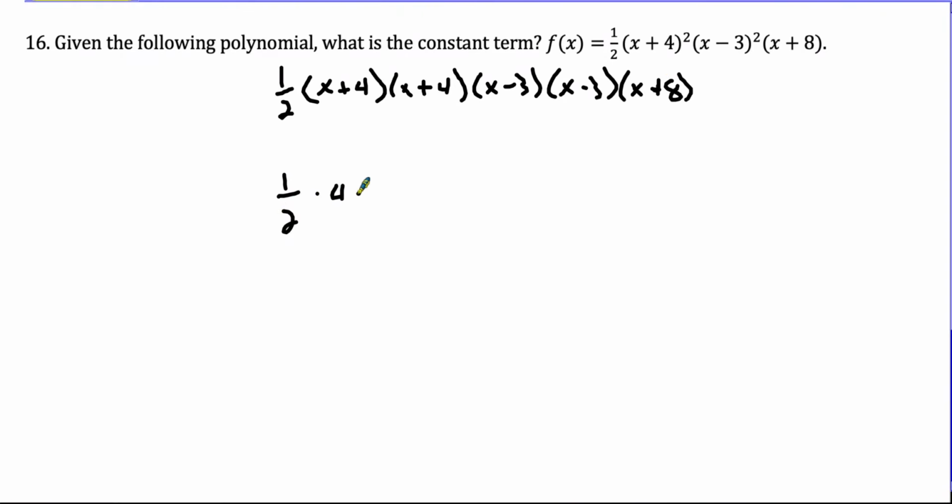So 1/2 times 4 times 4 times negative 3 times negative 3 times 8 tells me the constant of this polynomial would be 576. Now, if we wanted to graph this, that would also tell me the y-intercept is positive 576.